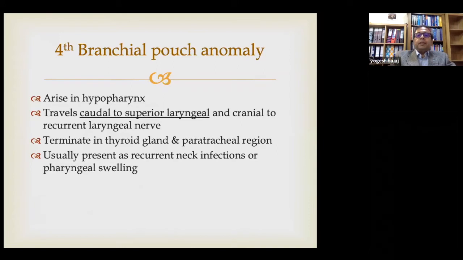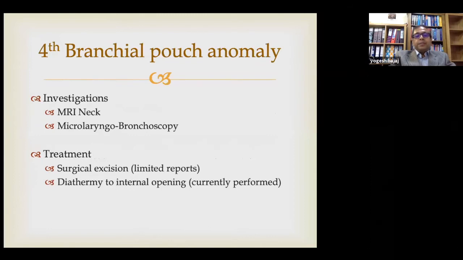If a child is presenting to you with recurrent neck infections or recurrent thyroiditis or thyroid abscess, think about a fourth branchial pouch anomaly. Having said that, these are extremely rare. Investigation-wise, an MRI scan of the neck reported by a good head and neck radiologist is really, really helpful.